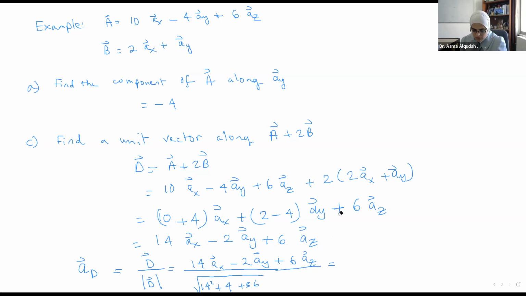So 14 squared plus 4 plus 36, then the square root.